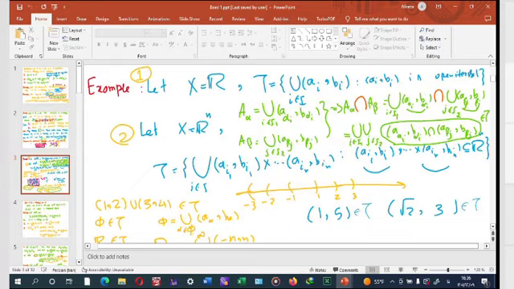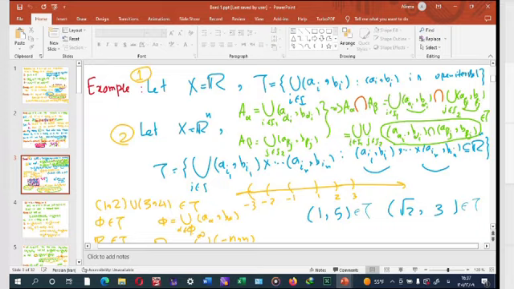The set of all unions of open intervals. And as a generalization of this example, we also have other conditions for a topology.